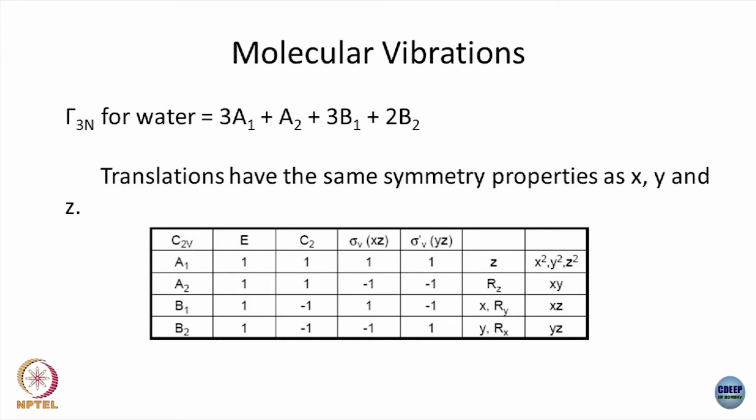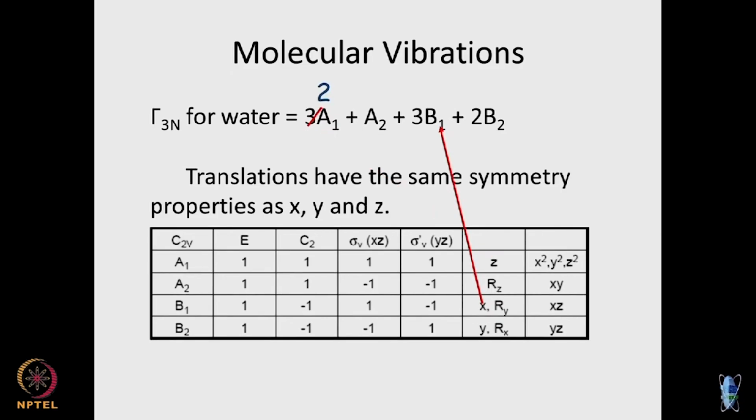Okay. So, associated with translation along z, you will have an A1 which should get removed. Okay. Associated with x translation, you have to remove one B1 and similarly y translation will remove one B2 out.